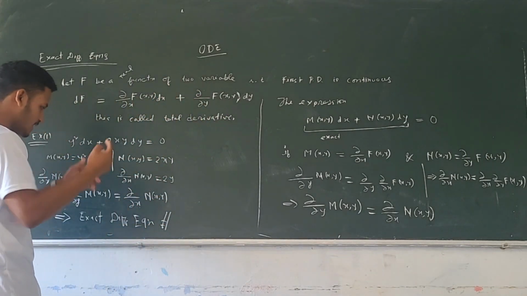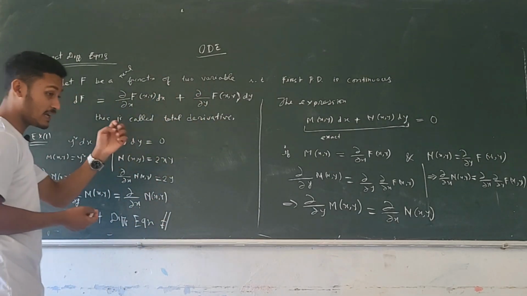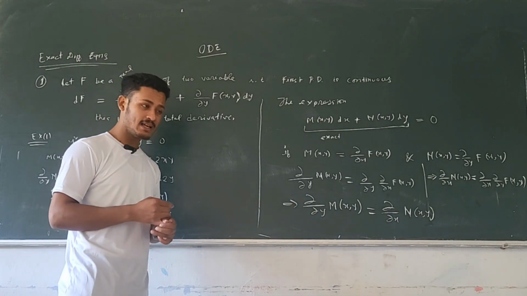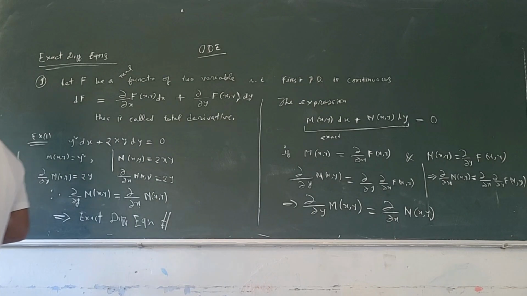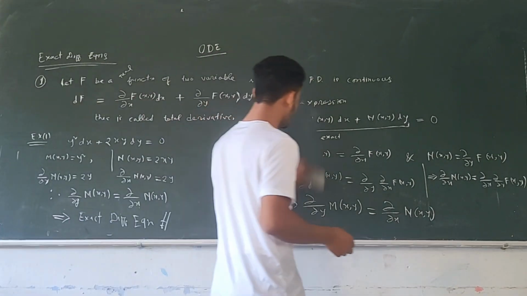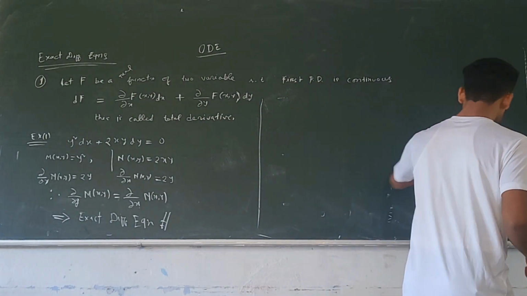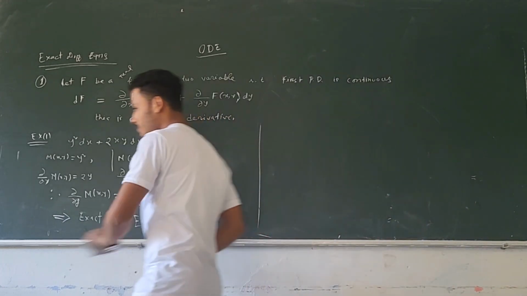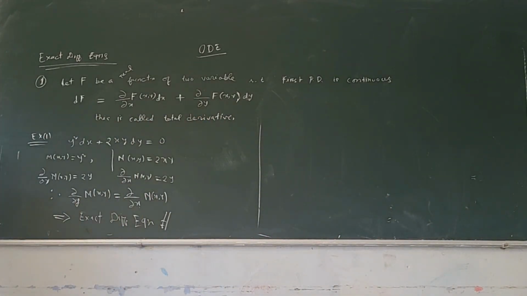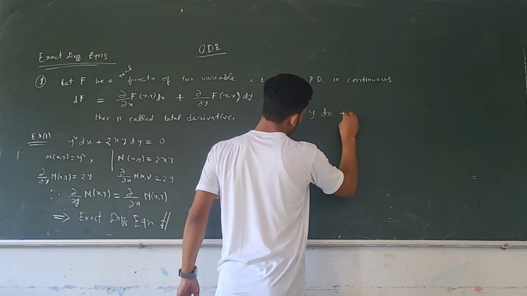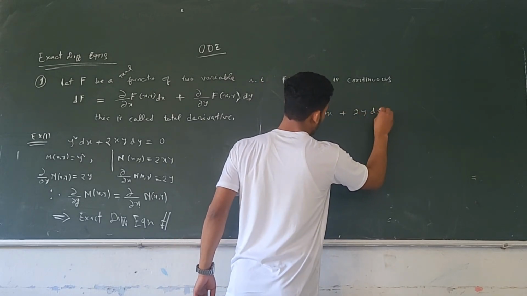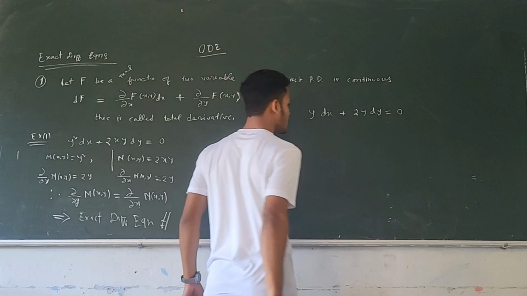Now before ending this lecture, I will give you an example and we will check that the differential equation is not exact: y dx + 2x dy = 0. So this is a differential equation.